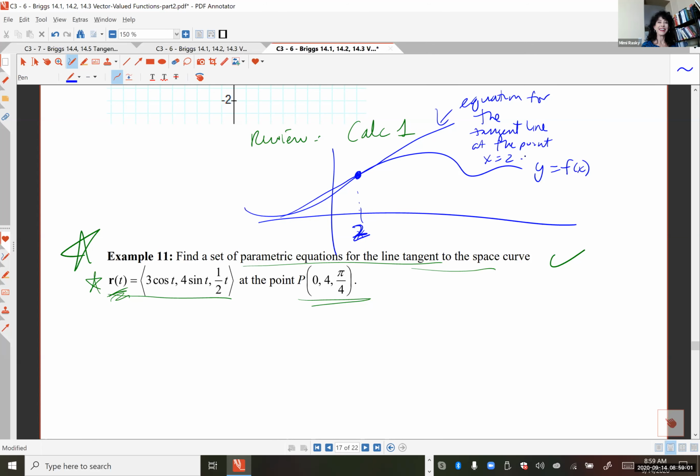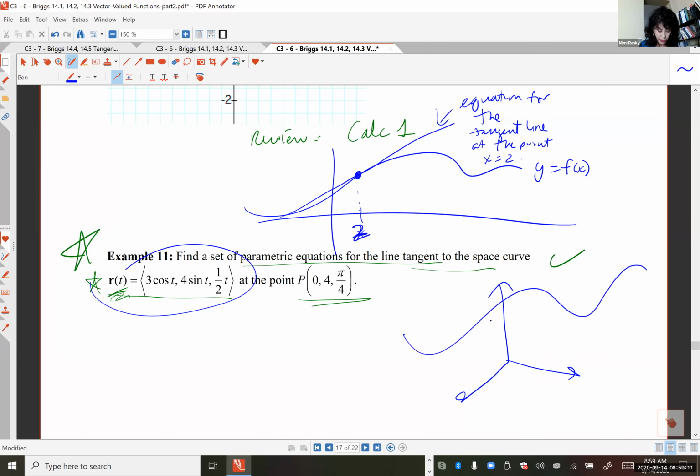Okay, wonderful. You're going to do that right here in 3D. That's all we're doing now. Except remember, in 3D, you're going to have a space curve, which is given by a vector valued function. So you're going to have some weird r of t here. And they're giving you some point, 0, 4, pi fourths or whatever have you. Let's just say the point P is right there.